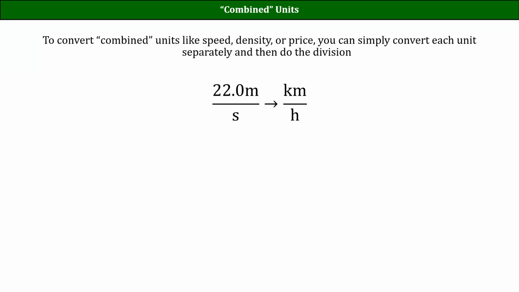Do one at a time. You could say 22 meters and convert 22 meters to kilometers, and then you could say 1 second and convert 1 second to hours, and then do the division. That's the way it's easiest to understand it. 22.0 meters per second means 1 second equals 22.0 meters, right?